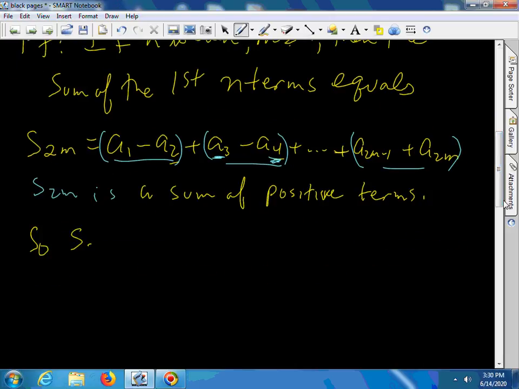So s sub 2m plus 2 is going to be bigger than s sub 2m. Hence, s sub 2m is increasing.